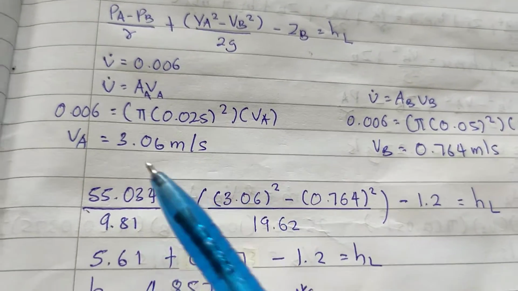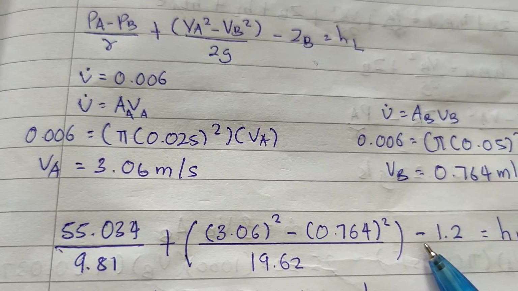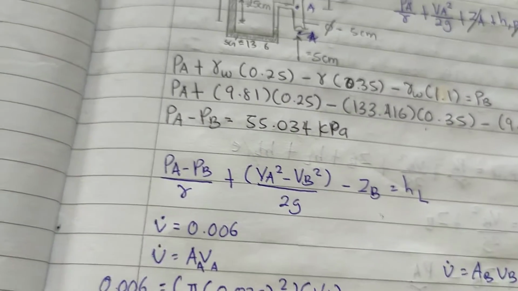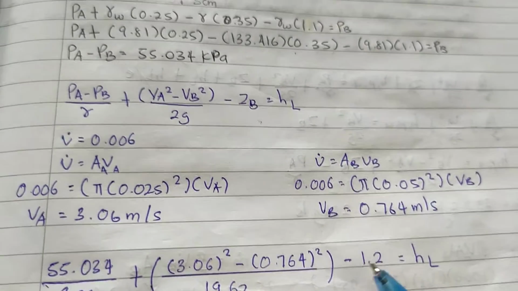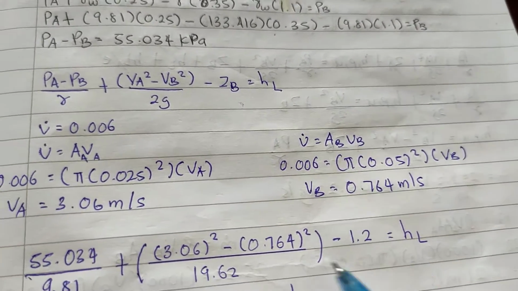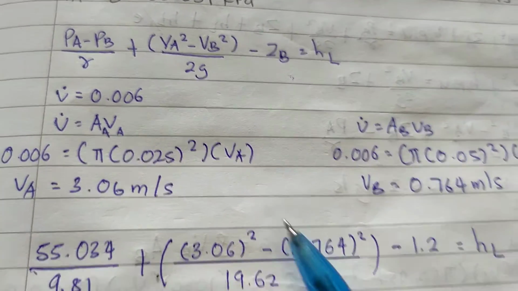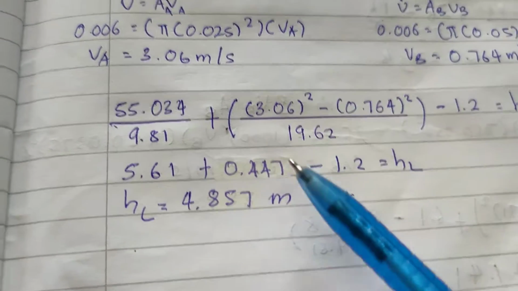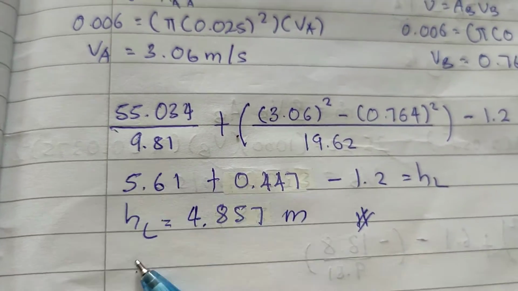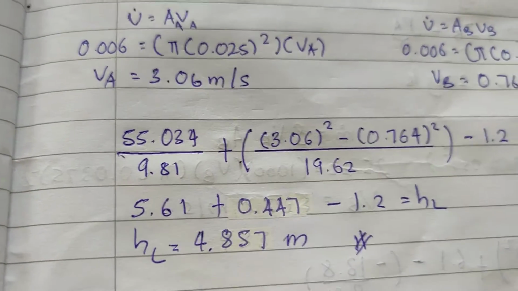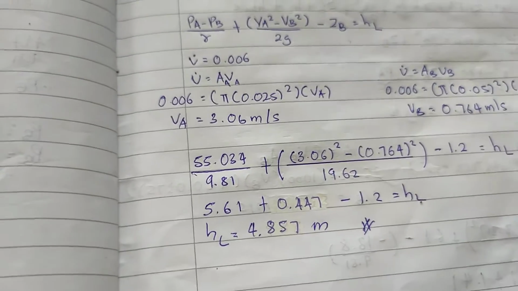We get the value for VA, the value for VB, then the value for ZB, and we need to find HL. So just do the calculation here, just a normal calculation. You get the final answer for HL, which is 4.857 meter. Okay, that's it for today. Thank you.